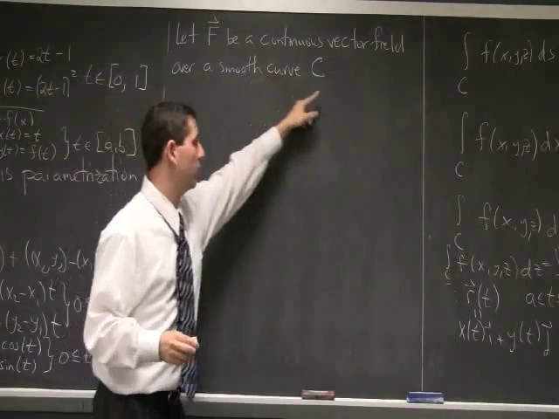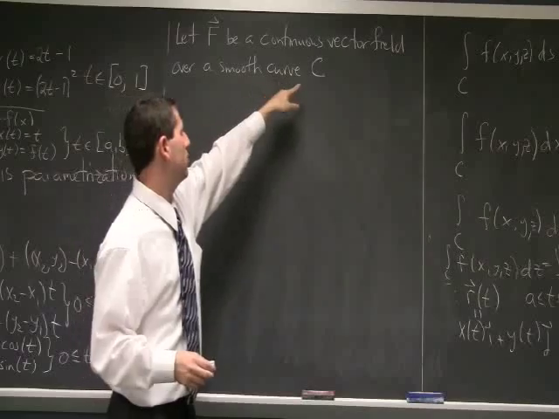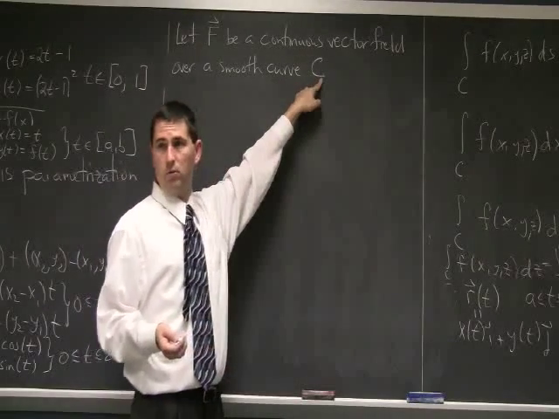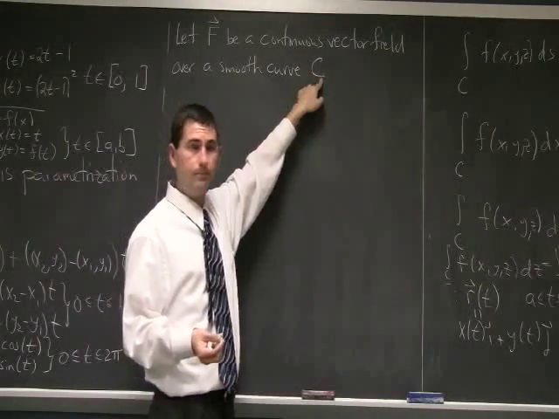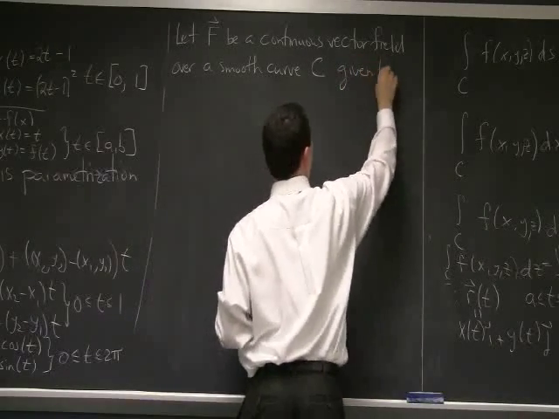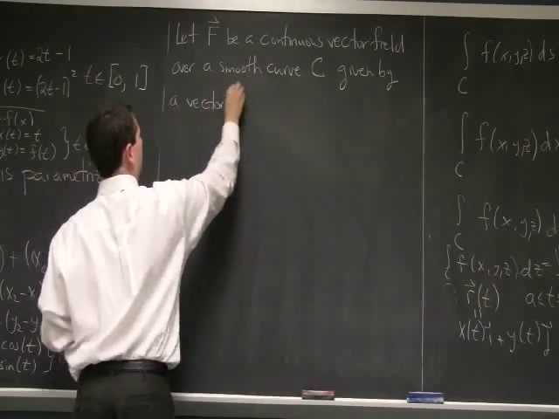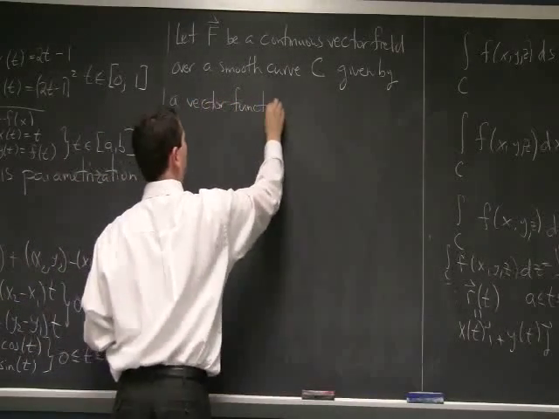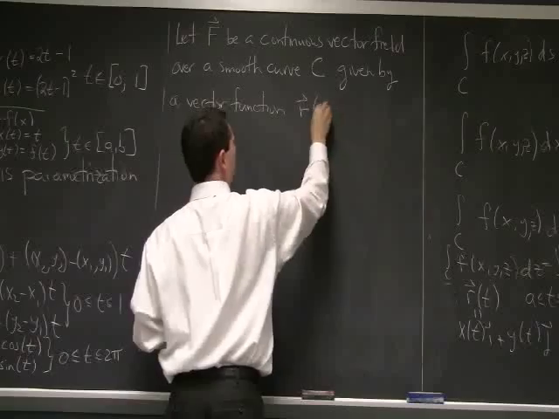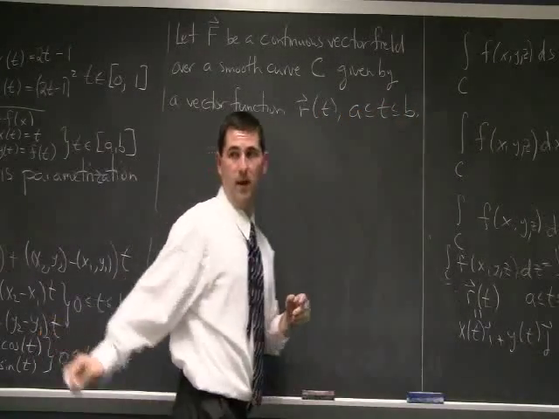Over a smooth curve C. So this C, of course, should be given by a vector function, r of t, where t goes from a to b.